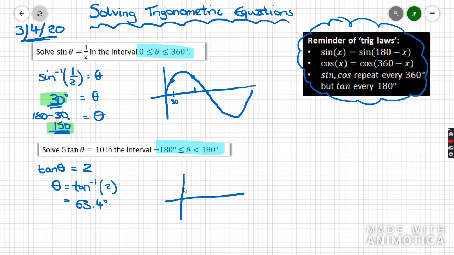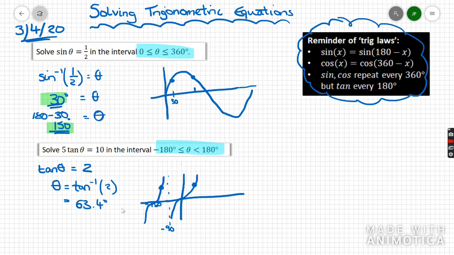Again, if you need to, guys, you can always think about what your tan graph's going to look like and the fact that you're going to have these asymptotes in place. So if I've got one answer at 63.4, which is going to be here, for me to then get another one between minus 180 and 180, I want this value here.